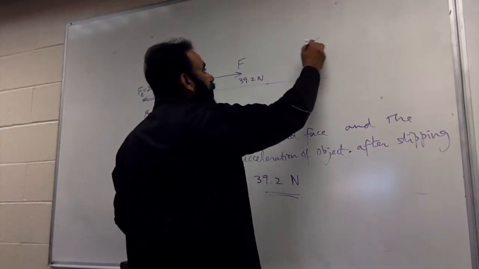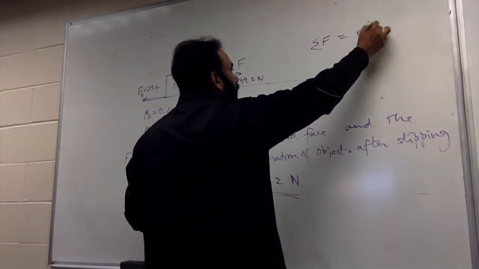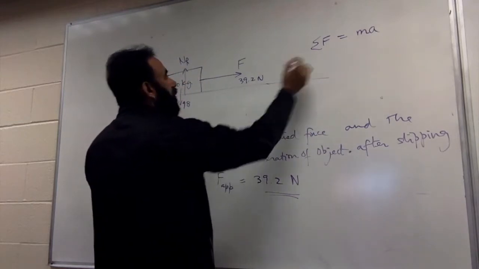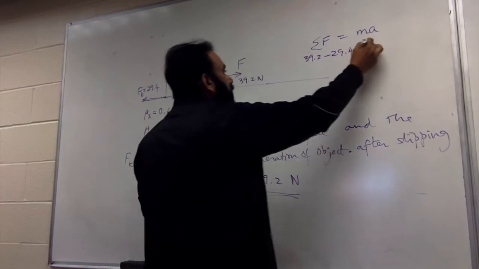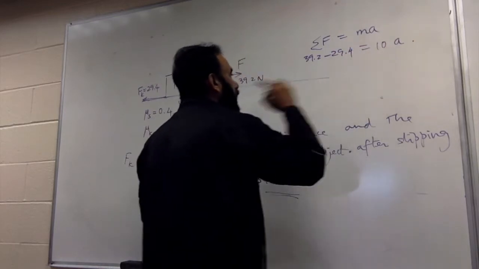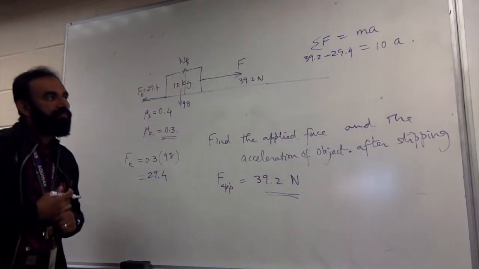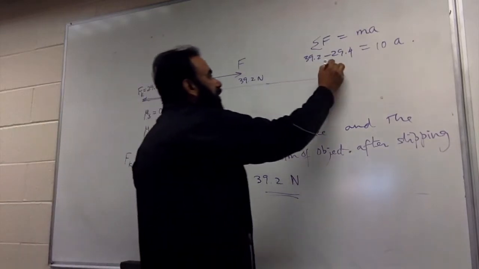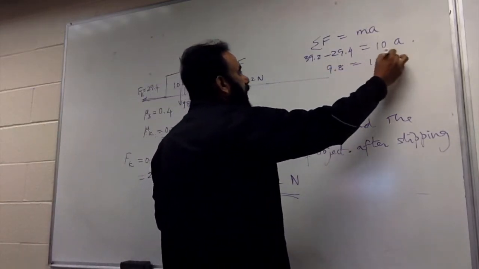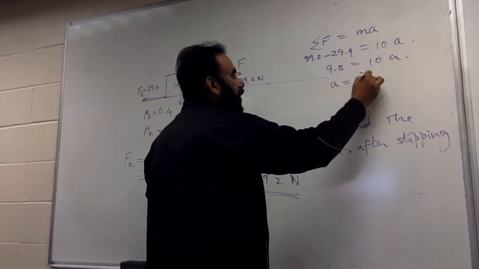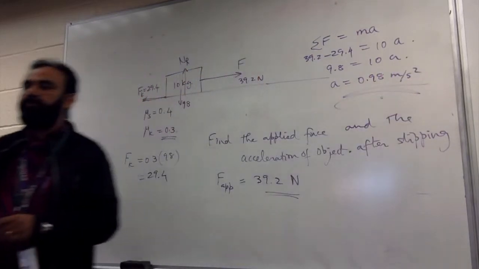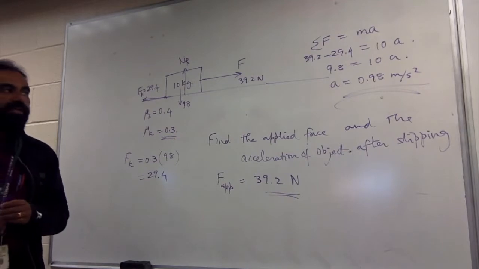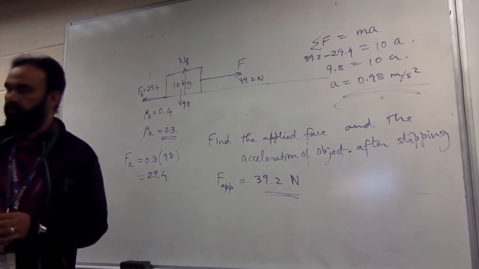Net force is this 39.2 minus 29.4 is equal to ma. And then find out the acceleration. So 9.8 is equal to 10a. So acceleration is 0.98 meters per second squared. So once the object starts slipping, it will slip at that acceleration.